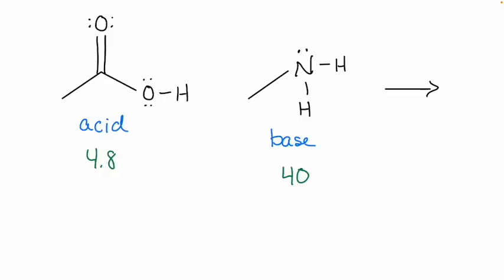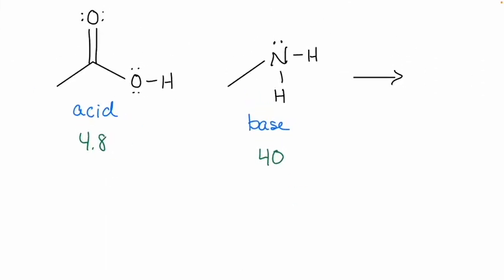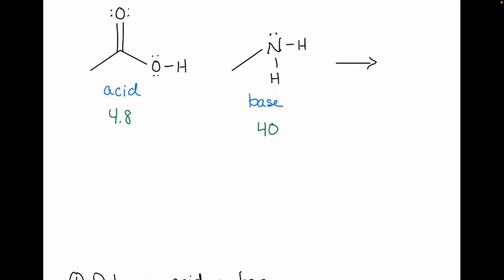So now we're going to draw our products, our conjugate pairs here. For my conjugate acid, I'm going to take my base and replace my lone pair with a new hydrogen bond. Remember, that's what bases do: they accept protons. And I have to increase that charge by 1.